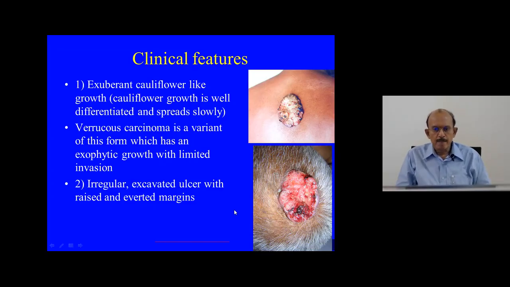Tell me. Why is the cauliflower and verrucous type giving good prognosis? You are right. Tell me the reason.